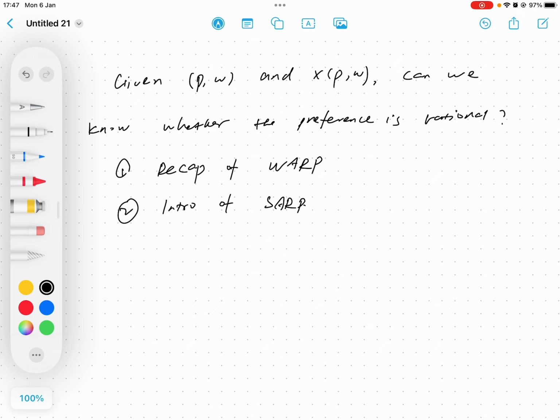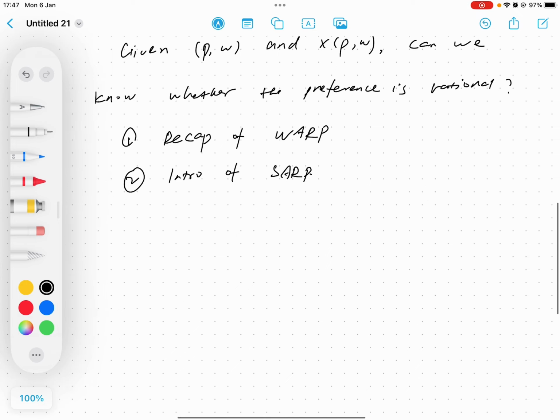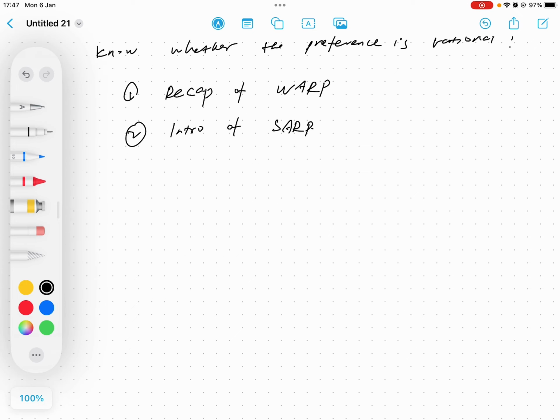So, for a recap of the weak version, let's have a very brief review of WARP. That goes back to Definition 2.F.1.